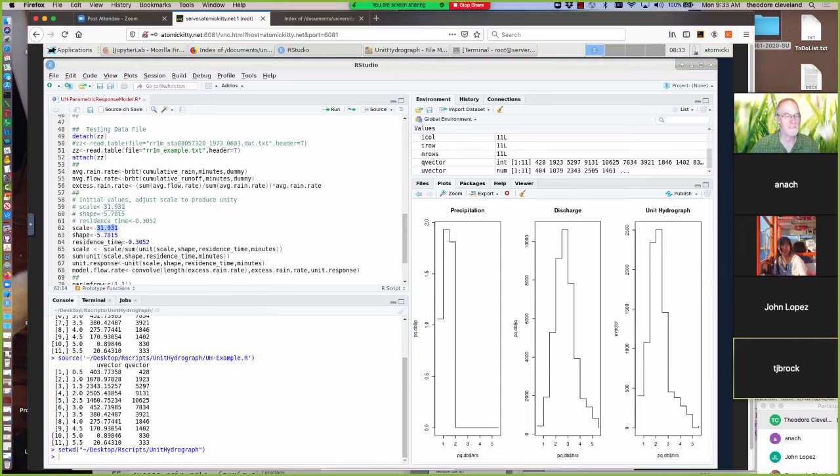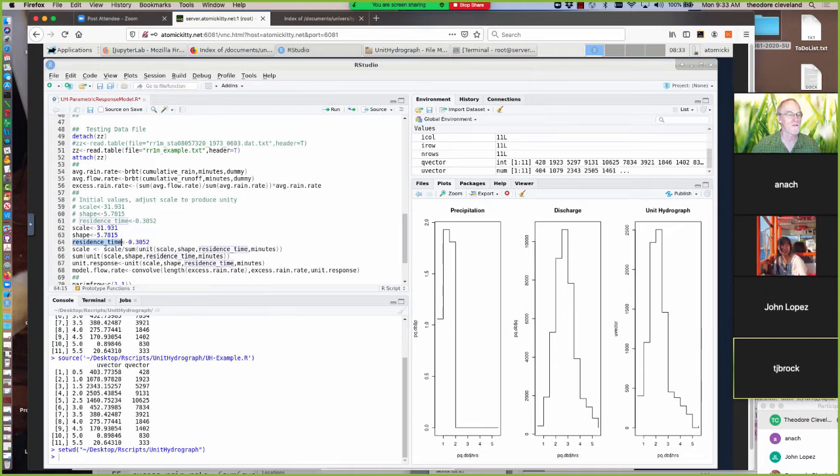I'll change some values here. What I normally would do is just start with some guessed values to get an initial guess, because we don't know what the correct values are when we start. But we'll start with these as is. So it has a scale parameter of 32, shape of 5, residence time of 0.3, and none of those are in humanly interpretable units.